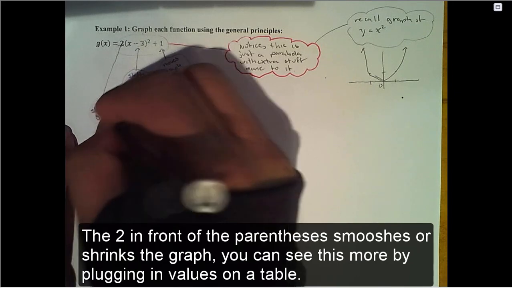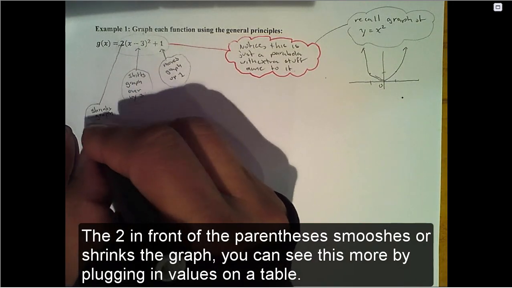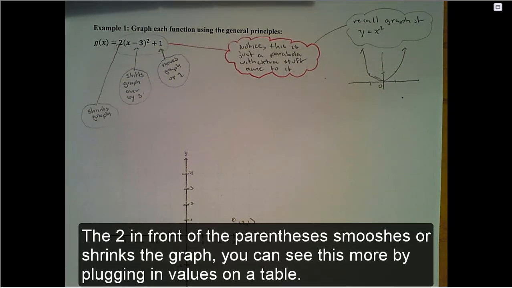The 2 in front of the parentheses smooshes or shrinks the graph. You can see this more by plugging in values on a table.